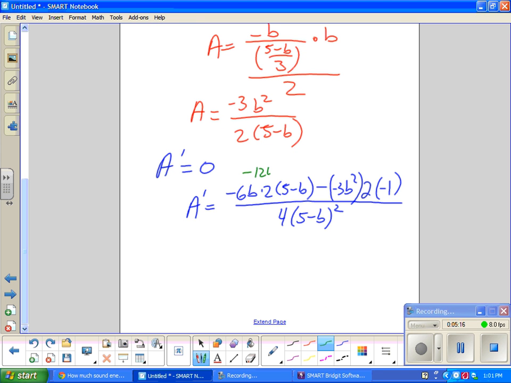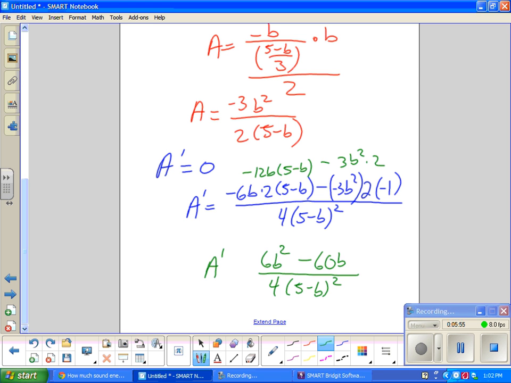I got negative 12b times (5 minus b) on top, plus 3b minus 3b squared times 2. So I'm going to get negative 6b squared on top, minus 60b plus 12b squared. And when I combine all my like terms in the numerator, I should get positive 6b squared minus 60b, all over still 4 times (5 minus b) squared.